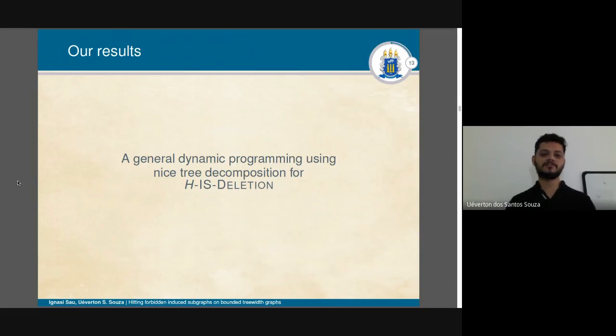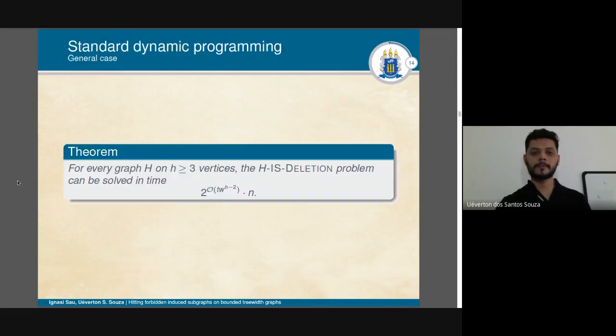So first we start with a general dynamic programming algorithm that uses a nice tree decomposition to solve H-induced subgraph deletion. If we want to produce a dynamic programming algorithm to solve H-free vertex deletion in a bottom-up manner, we need to store a lot of information, because we need to store any partial copies of subgraphs of H that we have at the moment.